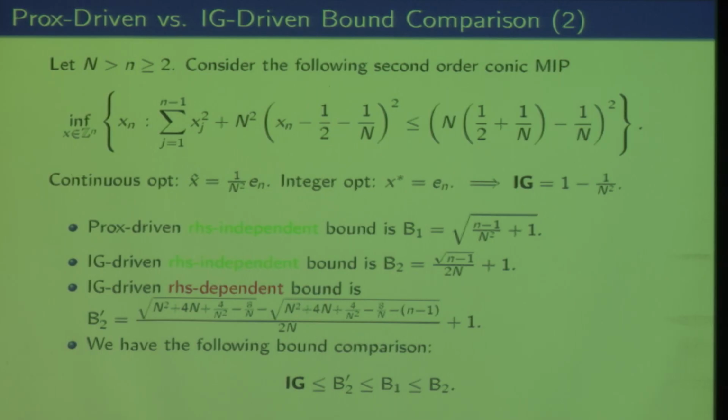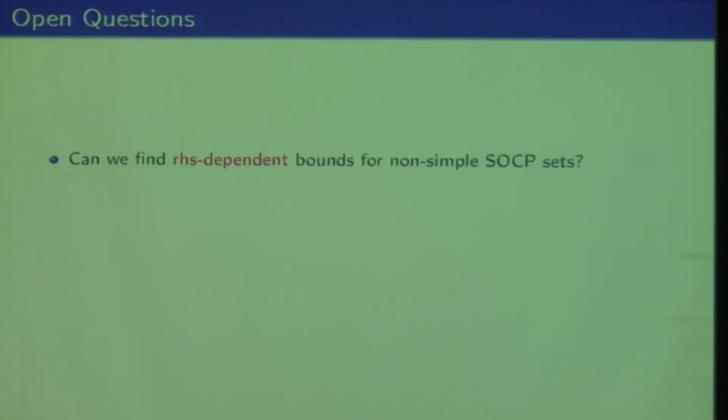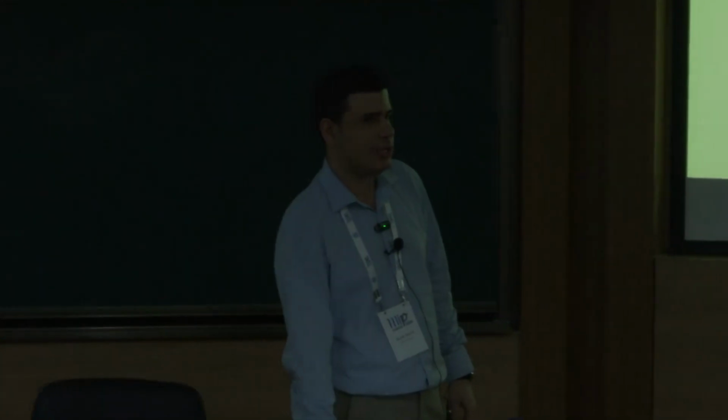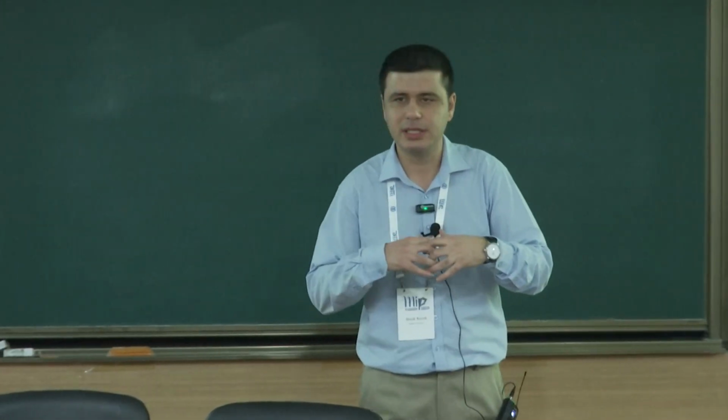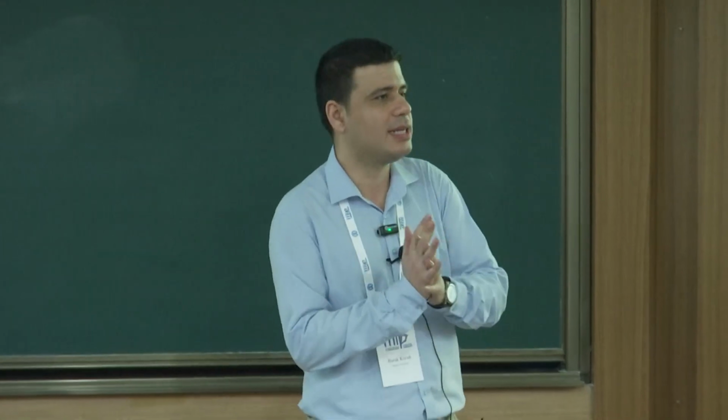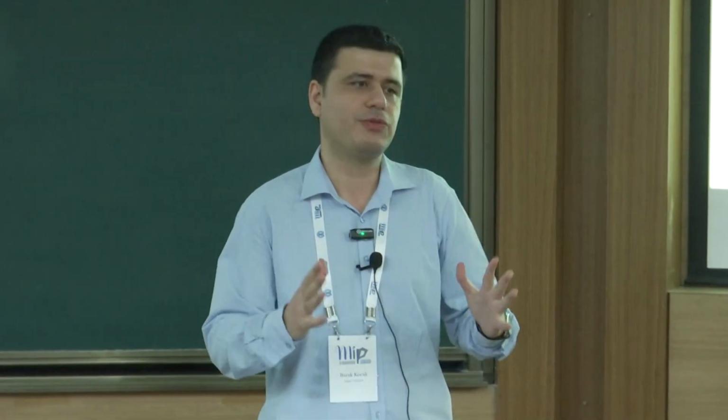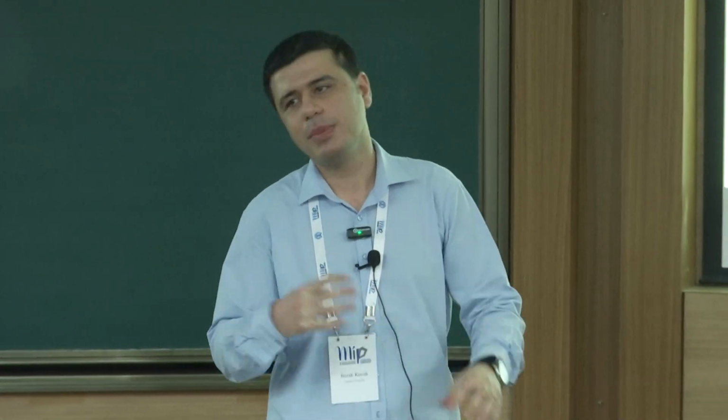All right, so that's mostly what I want to say. We have some results for non-simple SOCP sets as well, for instance, the intersection of two spheres. We know from our counterexamples that we cannot get rid of the dependence on the right-hand side, but still we can quantify in some cases what the integrality gap would be.